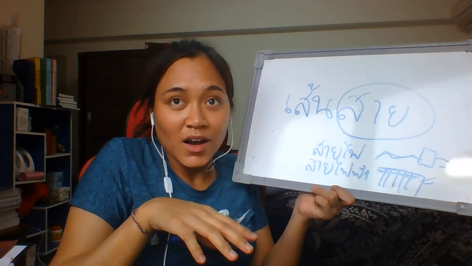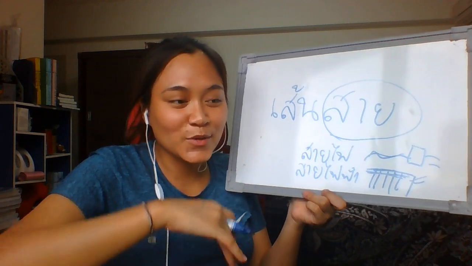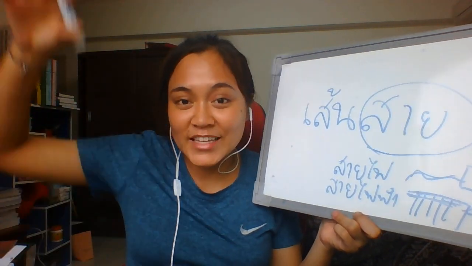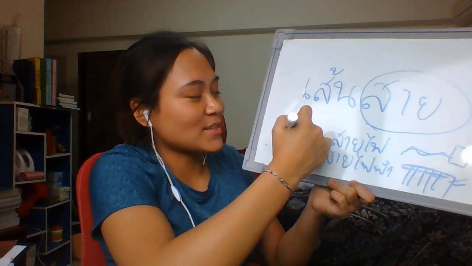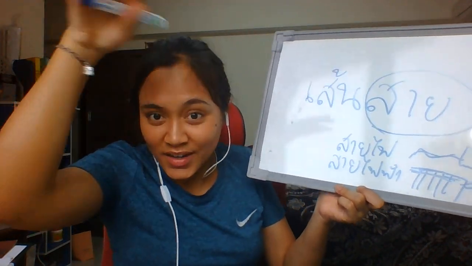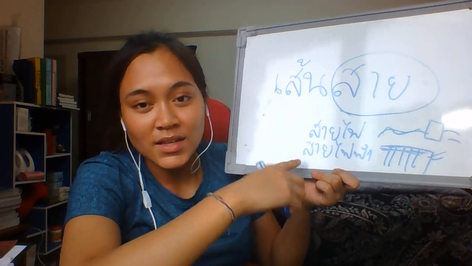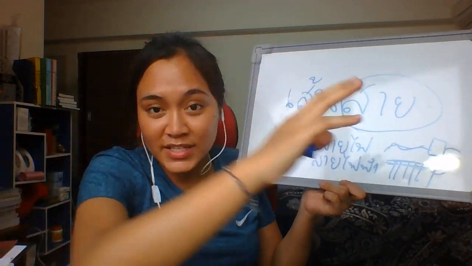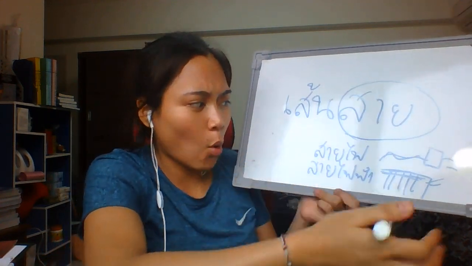Even in Bangkok, it doesn't have to be in the countryside. You just look on the street and you'll see a lot of wire, some kind of black wire on the street. Yeah, that is สายไฟ, what we call สายไฟฟ้า. Those wires have electricity in them, like an electrical wire or cord.